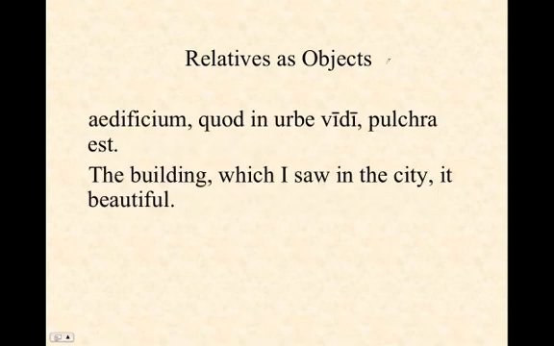Here's an example of a neuter with the relative pronoun as an object. Aedificium pulchra est. The building is beautiful. Which building? The building quod in urbe vidi, the building which I saw in the city. Here, quod is the direct object of the verb vidi, I saw.